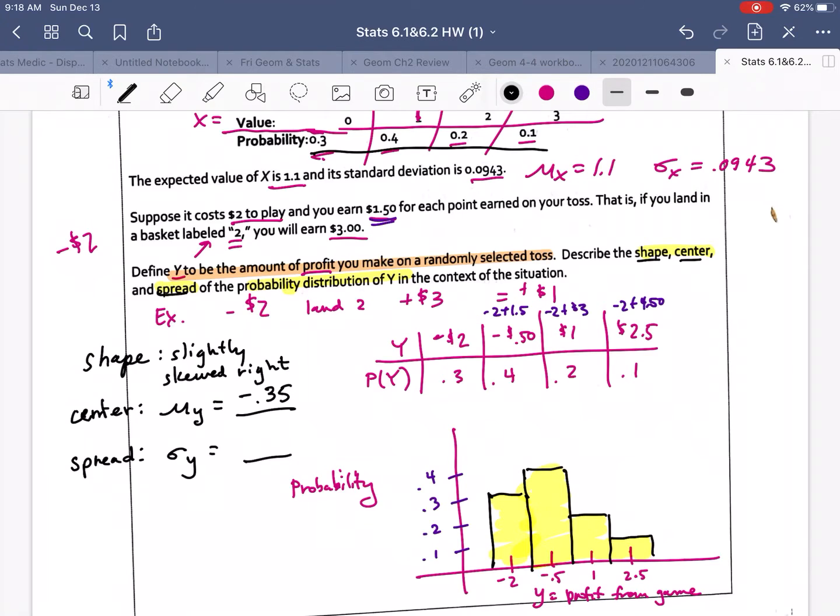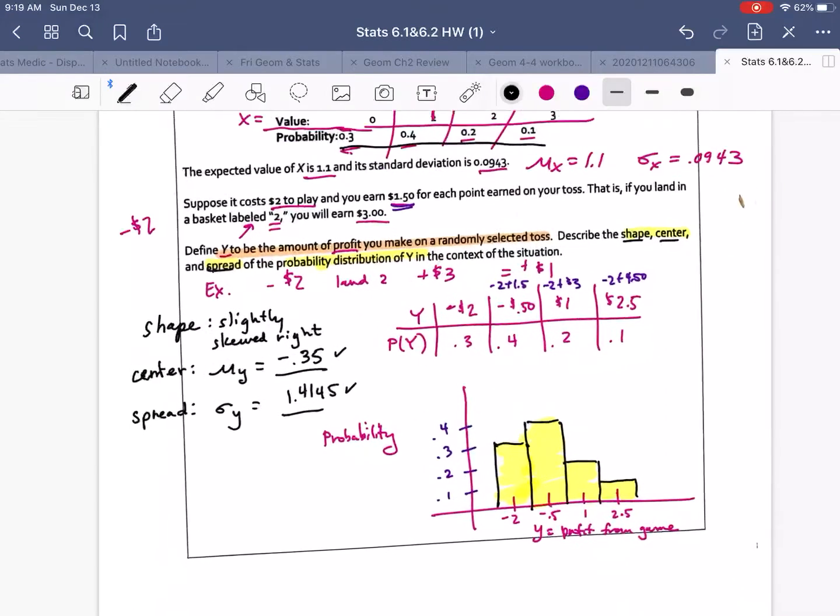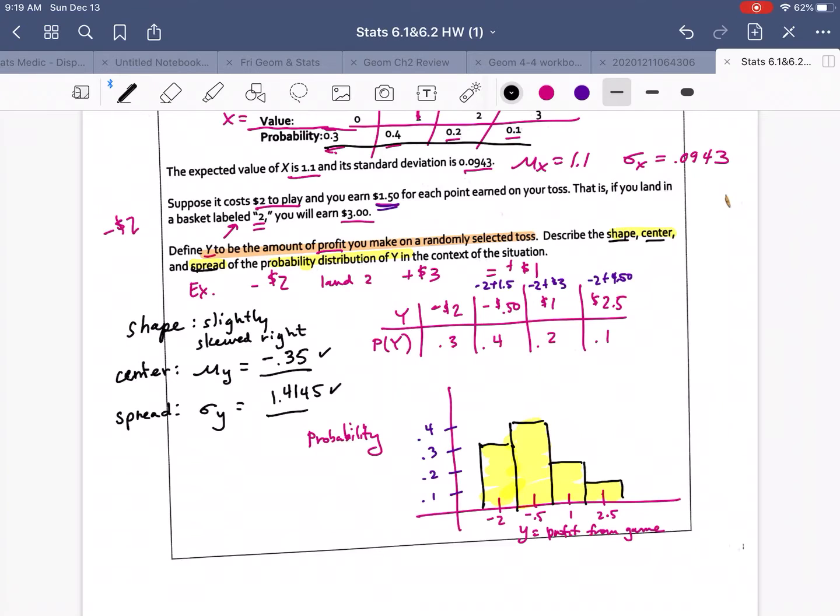The standard deviation is 1.4145. Now, could we have used something in class to make this faster? So this is based on our calculations, but could we have used something in class to make this faster? And the answer is yes.